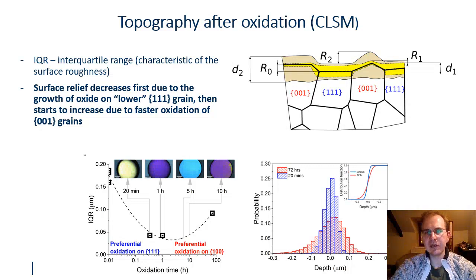And the change in this dependence from decrease to increase, we think, corresponds to the change in the preferential character of the oxidation, which is simply explained by the fact that certain substrate orientations gain a faster rate of oxidation as opposed to other orientations, which is shown schematically in the picture to the upper right.